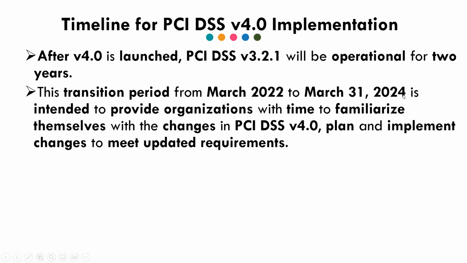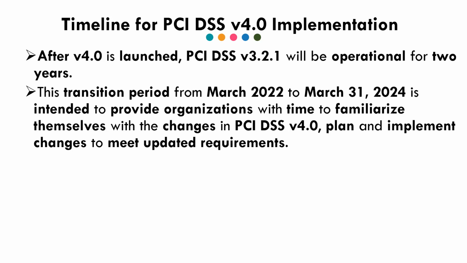So if your organization's 12-month or annual assessment falls before March 2024, then they can choose to still use 3.2.1 for their assessment, right? But anything after March 31st, 2024, 3.2.1 would have been retired. So nobody will be using it anymore. Now everybody will have to transition to 4.0.